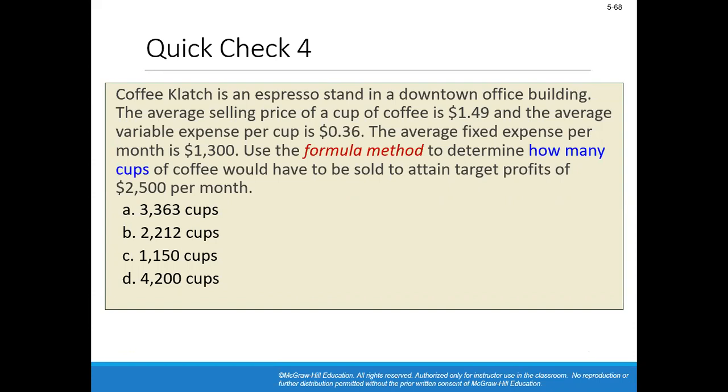Use the formula method to determine how many cups of coffee would have to be sold to attain a target profit of 2,500 per month. You see the fixed expenses are given per month, and the target profit is also given per month. So they need to know how many units of coffee they have to sell per month. Okay, so get this number.